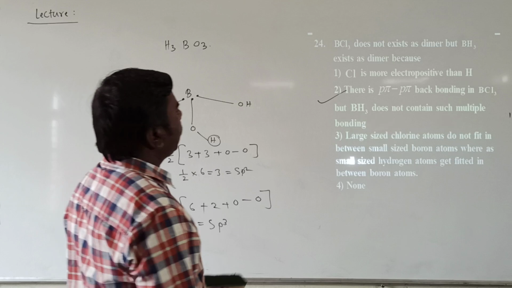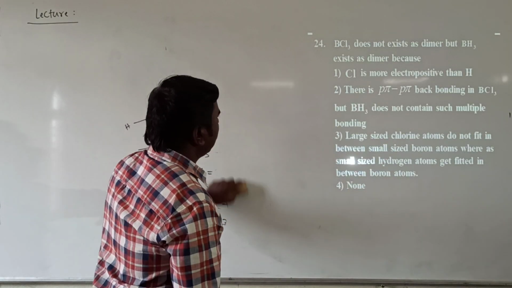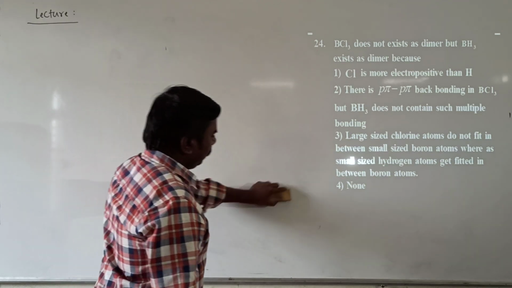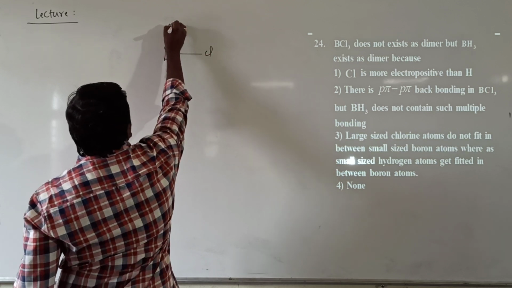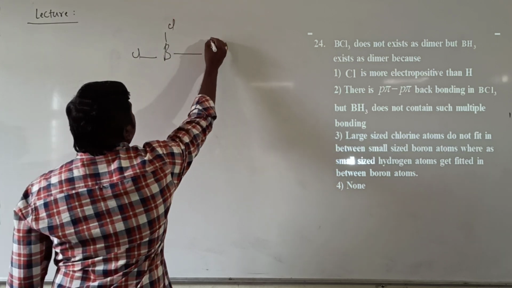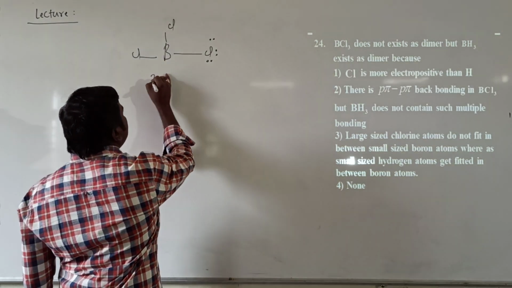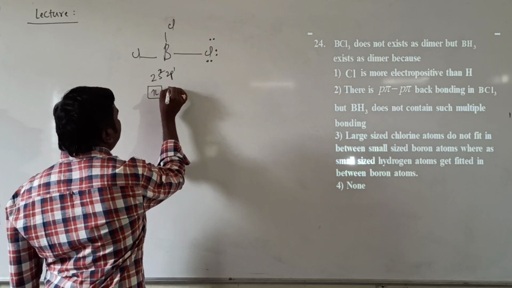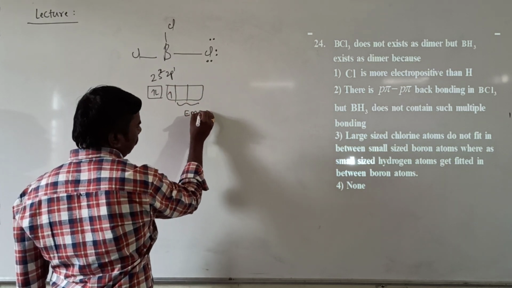Next. BCl3 does not exist as a dimer, but BH3 exists as a dimer. Why? In BCl3, there are lone pairs on chlorine, and boron has empty orbitals, 2s2, 2p1. These are filled and these are empty orbitals.